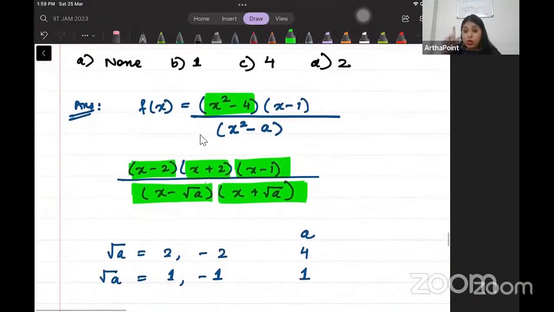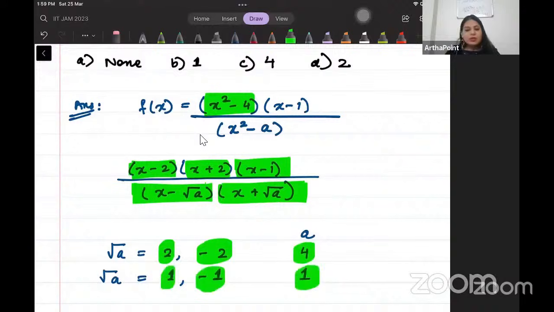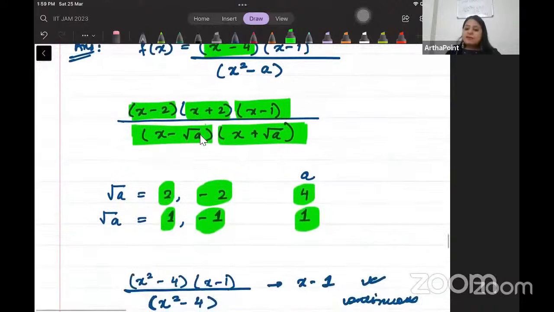Now just think about this. If root a is 2 or minus 2, then a will be 4. If root a is 1 or minus 1, then a will be 1. If I take a as 4, then what is going to happen?